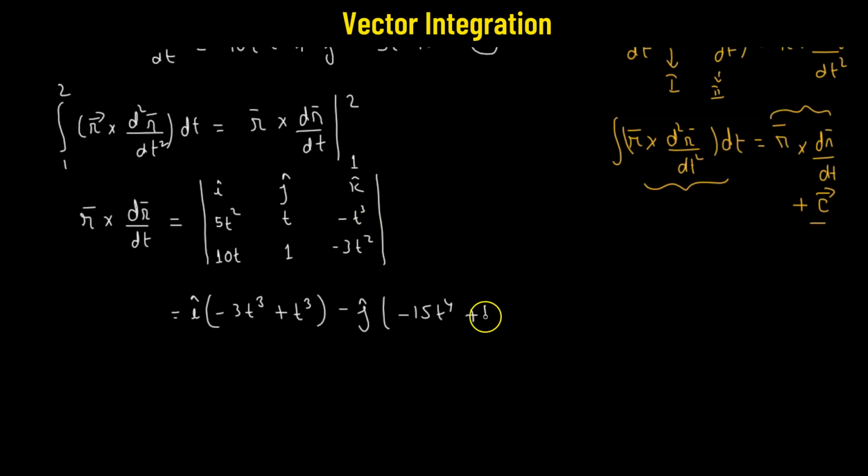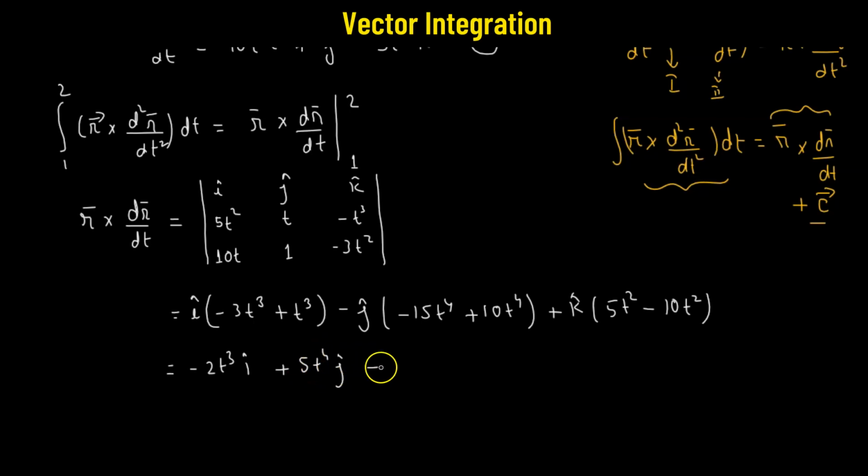So this will become positive 10t to the power of 4, plus k cap multiplied to, so we have 5t squared times 1, that's simply 5t squared, minus 10t times t, and that will be 10t squared. Upon further simplification, we should get negative 2t cubed i cap plus 5t to the power of 4 j cap minus 5t squared k cap. So here we have r vector crossed with dr over dt.